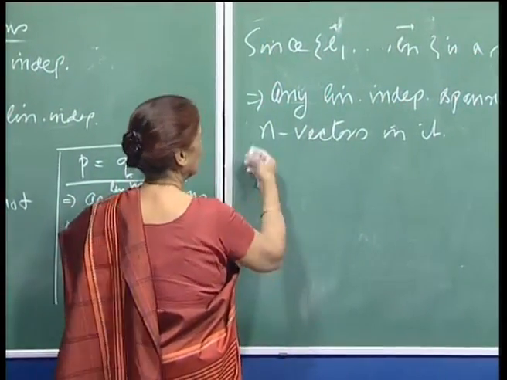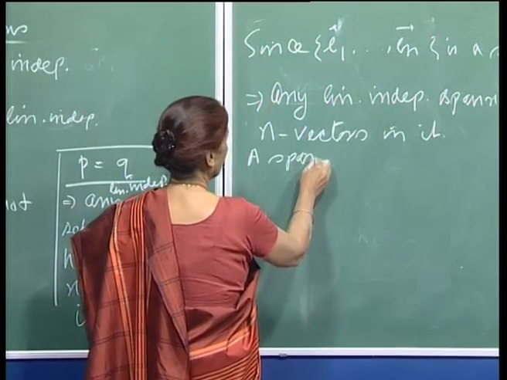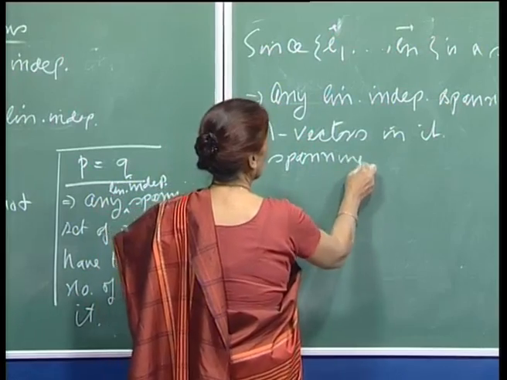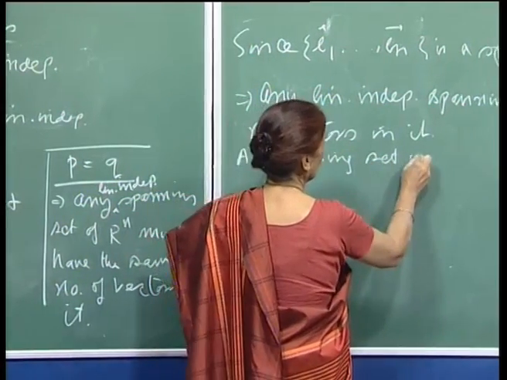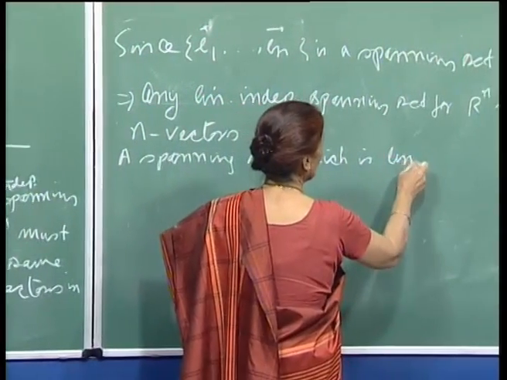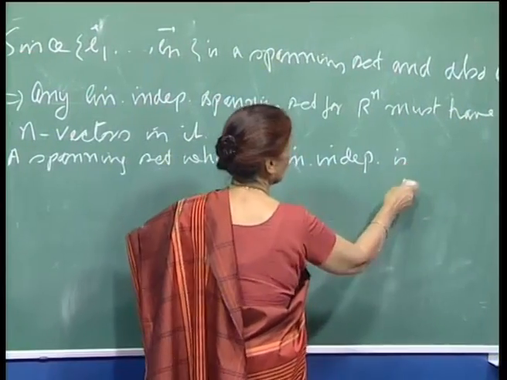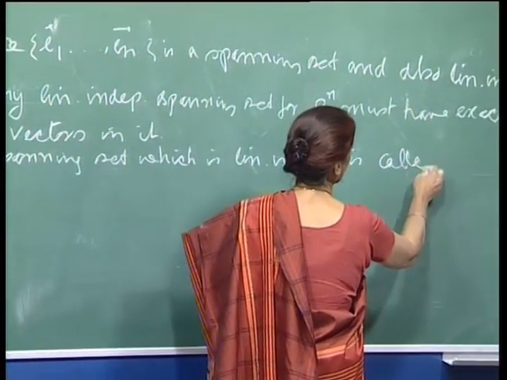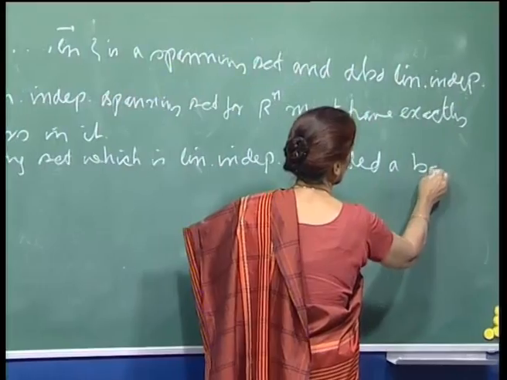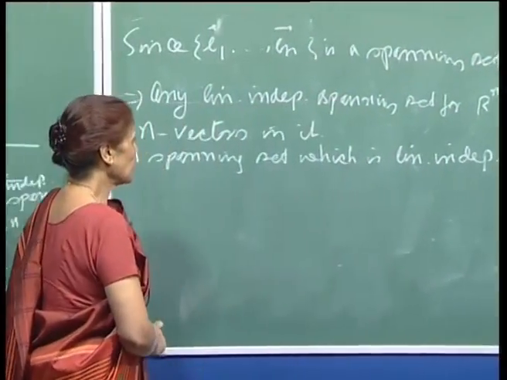And we say that a spanning set which is linearly independent is called a basis. Basis, it's called a basis, right?